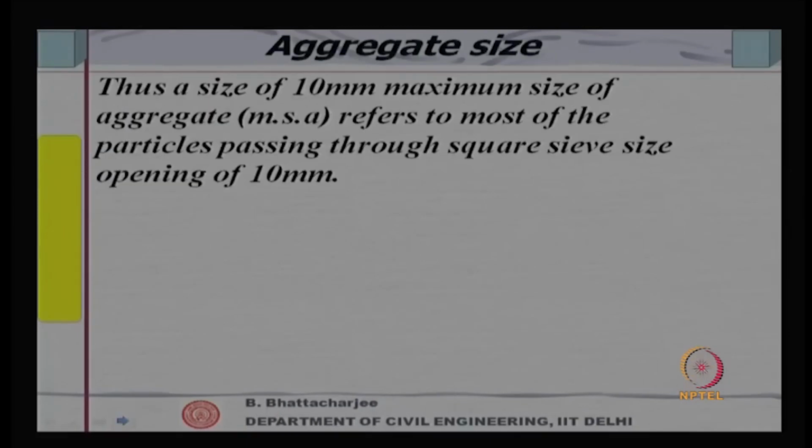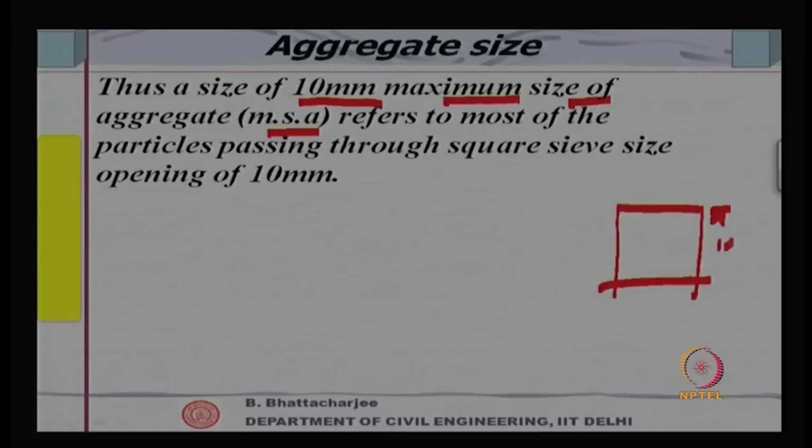Well, therefore, if I have a 10 millimeter nominal maximum size of aggregate, it means majority of the aggregate will be passing through a 10 millimeter square mesh.